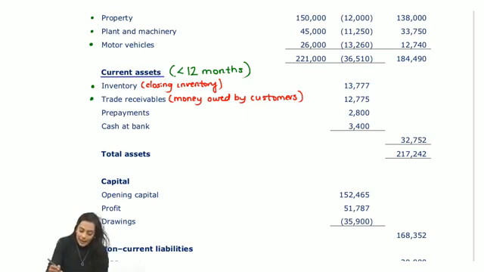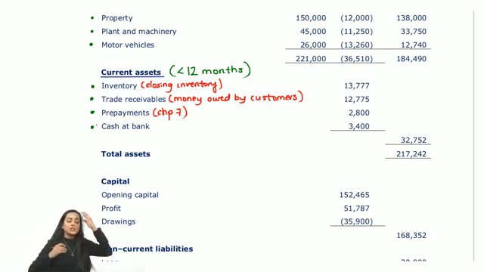You have prepayments. I'm not going to say much about prepayments. I'm just going to say that this is going to be in chapter number 7. And you have the last current asset, which is cash at bank. So money in the bank belongs to you, and then you can have access to that whenever you want.